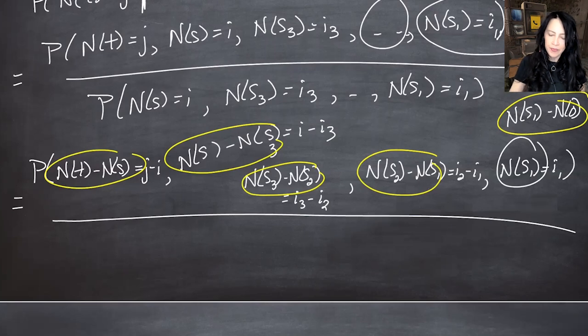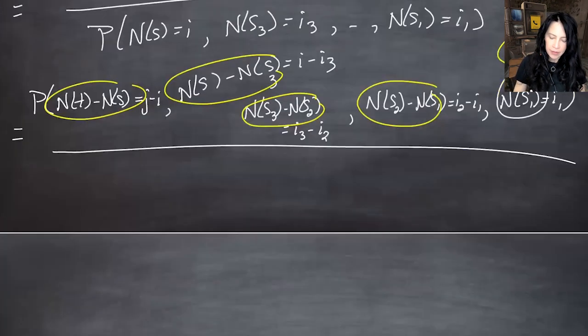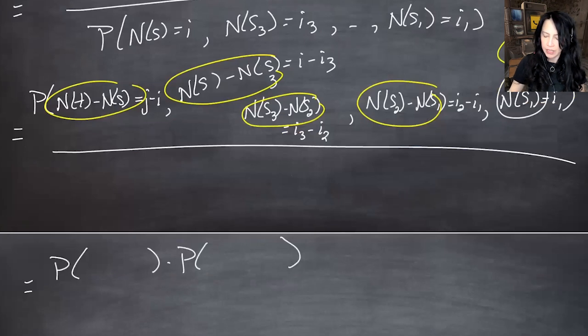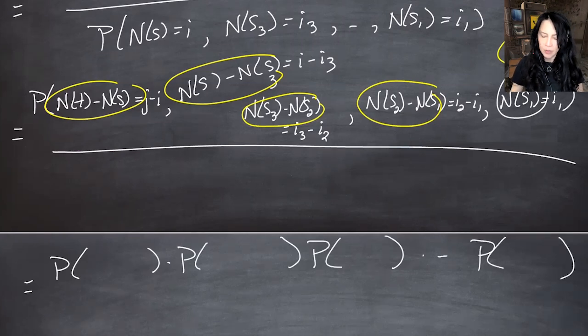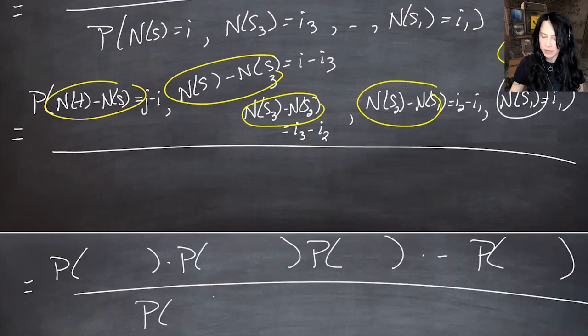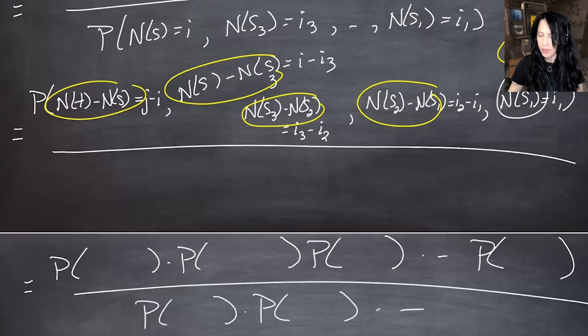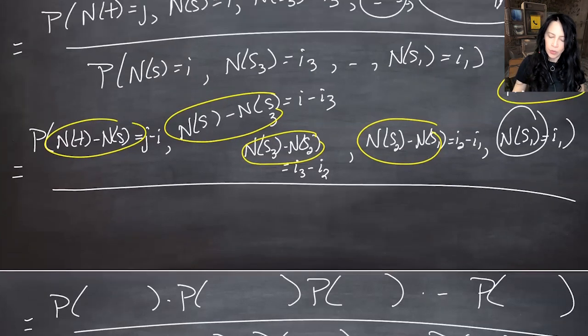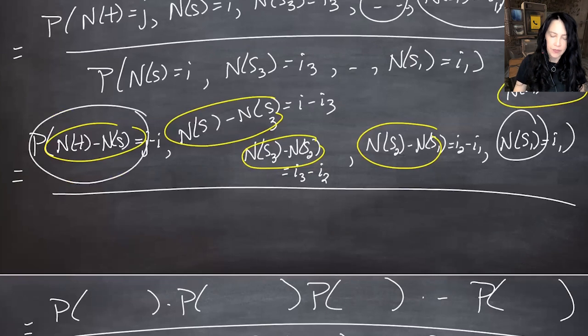And therefore, I'm not even going to write out this denominator. You can break up the numerator into a bunch of probabilities, and you'll be able to do the same thing in the denominator. The denominator will not have this last term because there's no N of t equals j here.